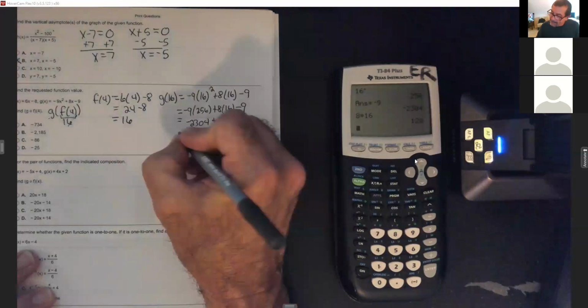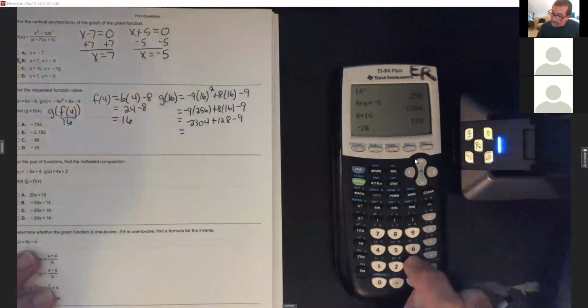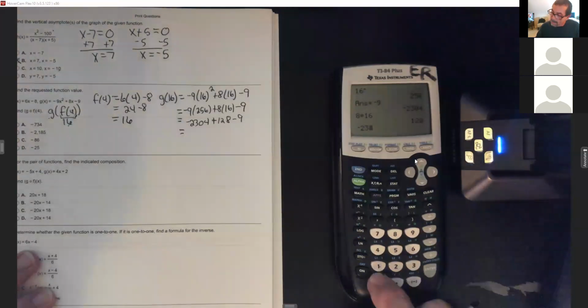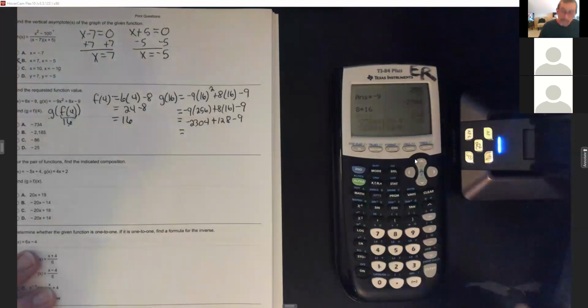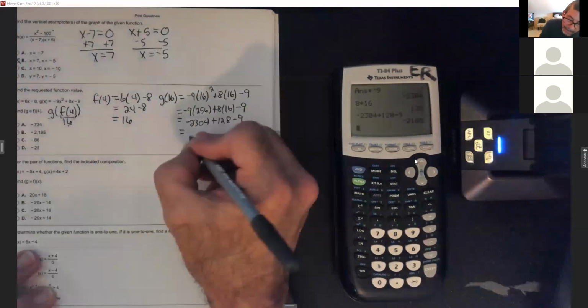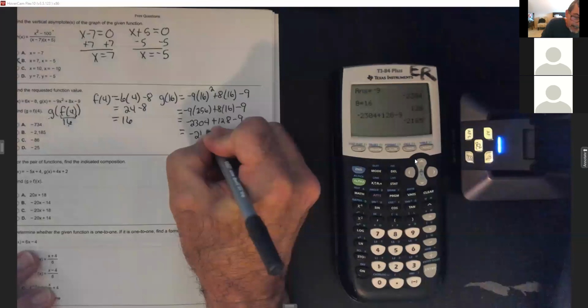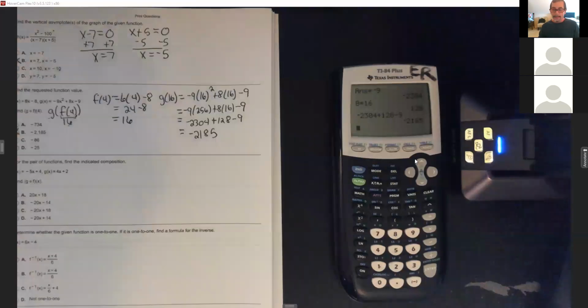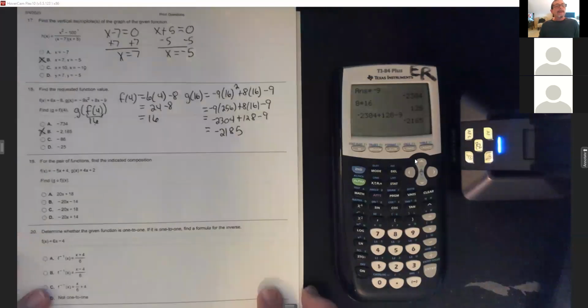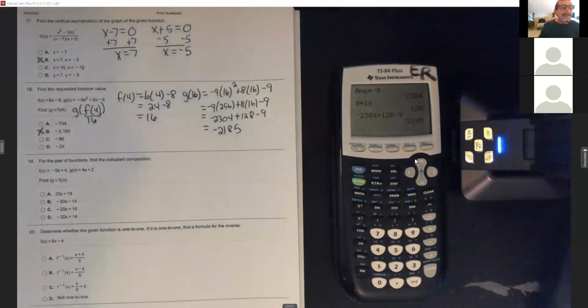Let's see what that gives me. Negative 2304 plus 128 minus 9 gives us negative 2185, which is sitting over here at B. Oh, okay, so I guess the big one was it, huh?